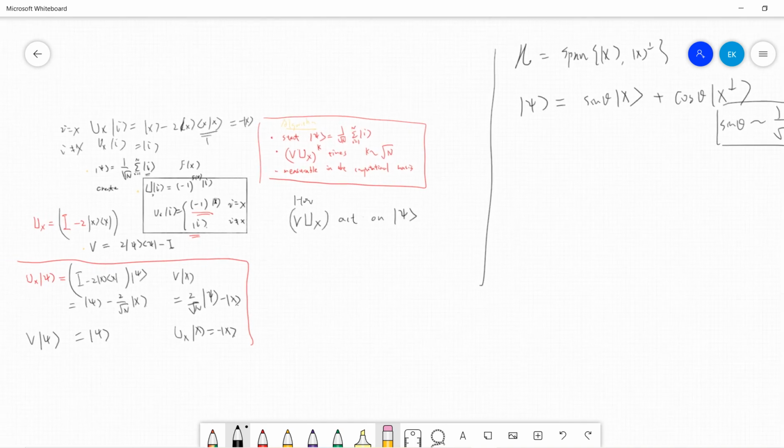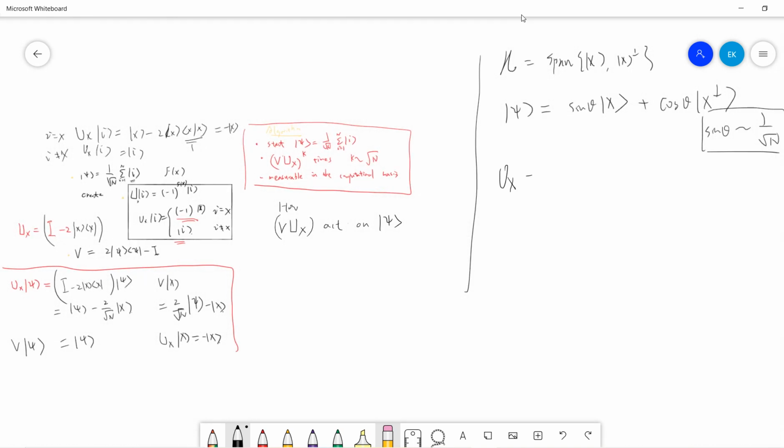Now I want to write the operations in terms of x and the x complement. So Ux, we know that Ux acting on x will be -1, so this matrix will be -1, 0, in the basis x and x complement. And for x complement it is exactly the same, so it's 0, 1.